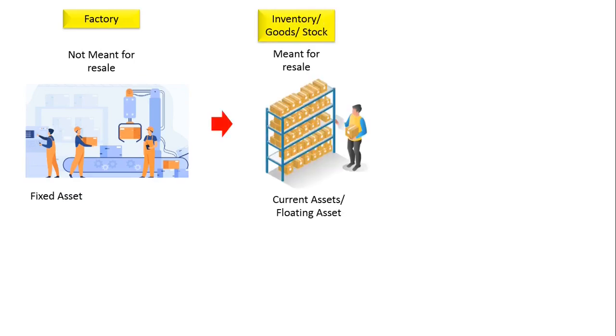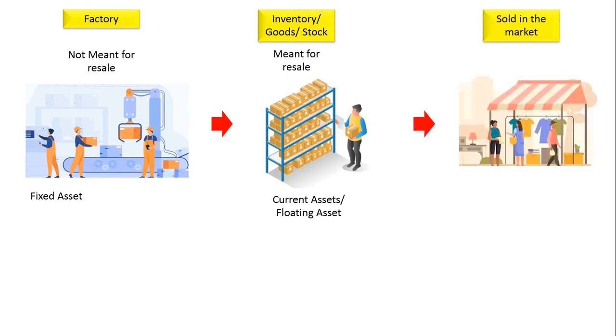In this example, we can see a factory converting raw materials into finished goods or finished products, also known as stocks, goods or inventory. Goods produced by a factory are meant to be sold in the market for earning profit. Hence, inventory, finished goods or stocks are identified as current assets because these are meant for resale within a short period of time.